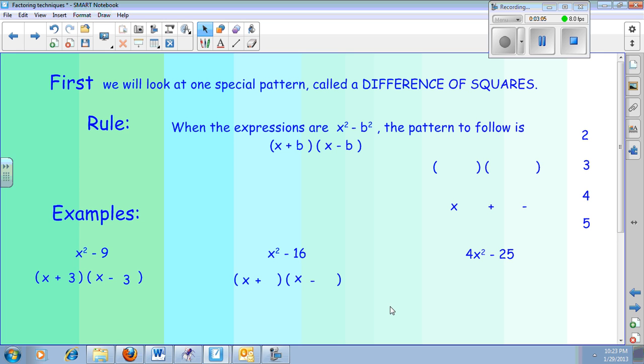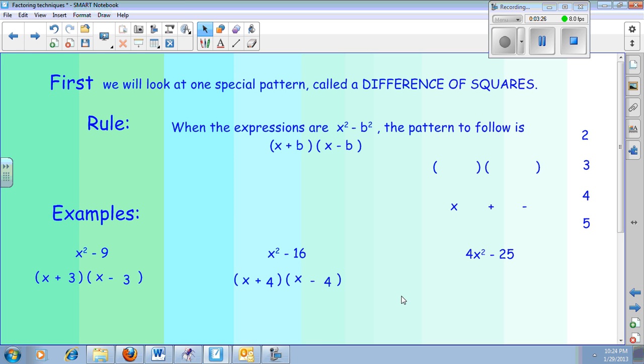The last part is the square root of 16, which happens to be 4. So we'll put 4 in the first binomial for x plus 4, and 4 in the second binomial for x minus 4. Refoil it if you're not sure. You can always test it, and you'll find that that middle term drops out.